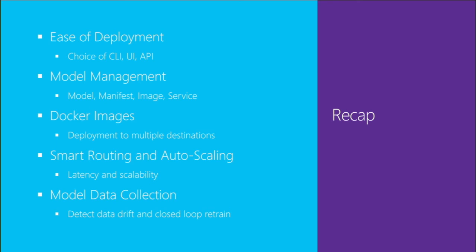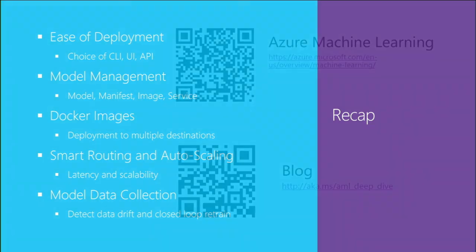And Jakob just showed you how we can use the data collection capabilities to create those data drift pattern recognition graphs, and then react to those, bring that data back into our retraining framework, and complete the whole loop of retraining the models, creating newer versions of those models, leveraging the version tracking to see what's the new version that's behind the production service. So that was it in terms of what we wanted to walk you through in this session.